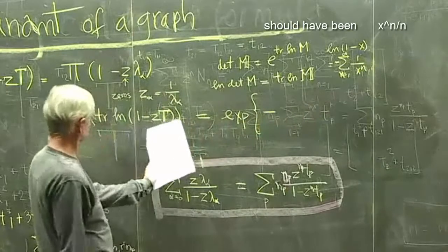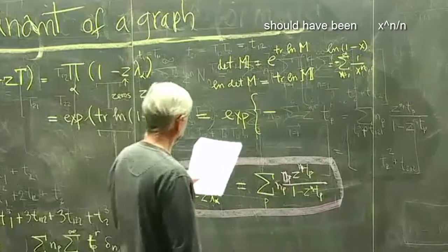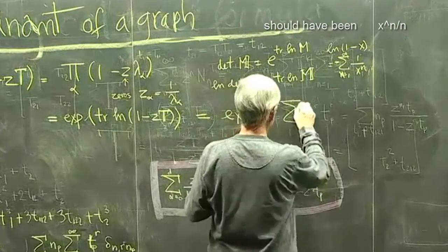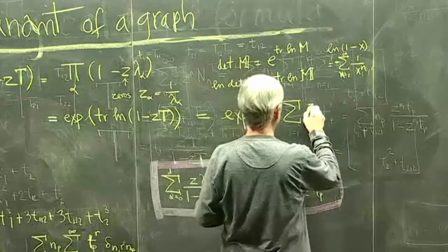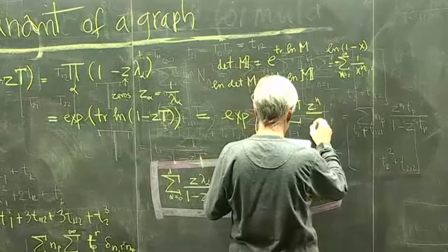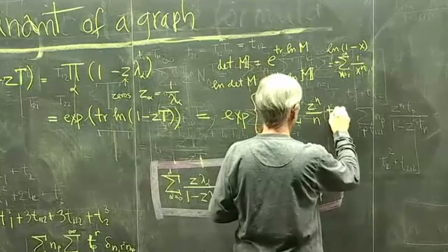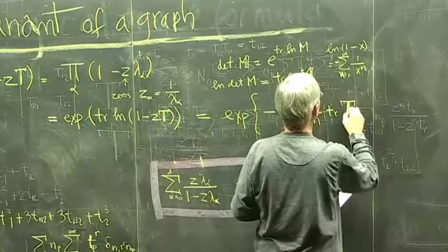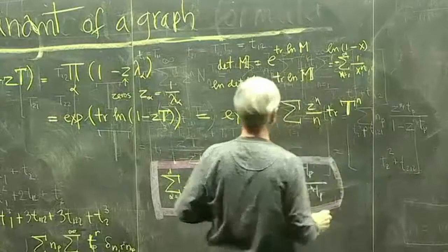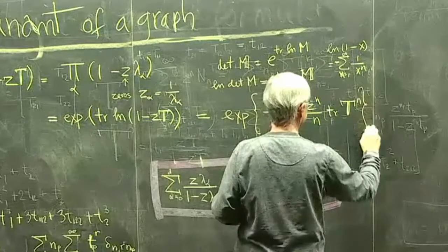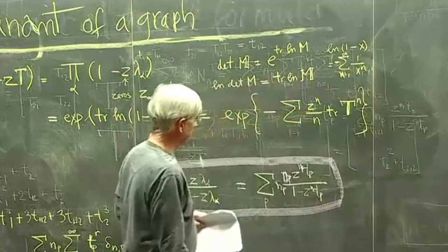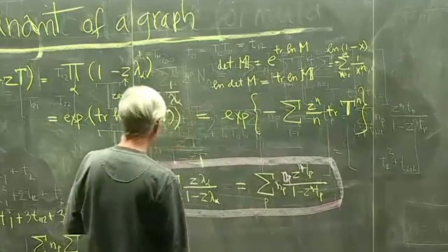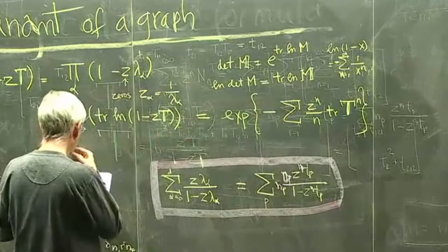So we use this expansion here, and we got z to the n divided by n times trace of the transition matrix T to the power n. So if we know how to take traces, we will know how to do the determinants.